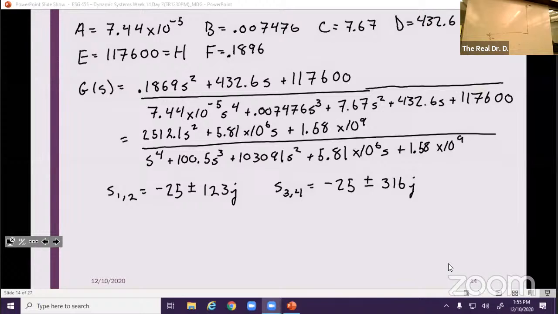What sort of system response are we expecting? Stable, sure, but describe the shape of the curve that we're going to get out of it.